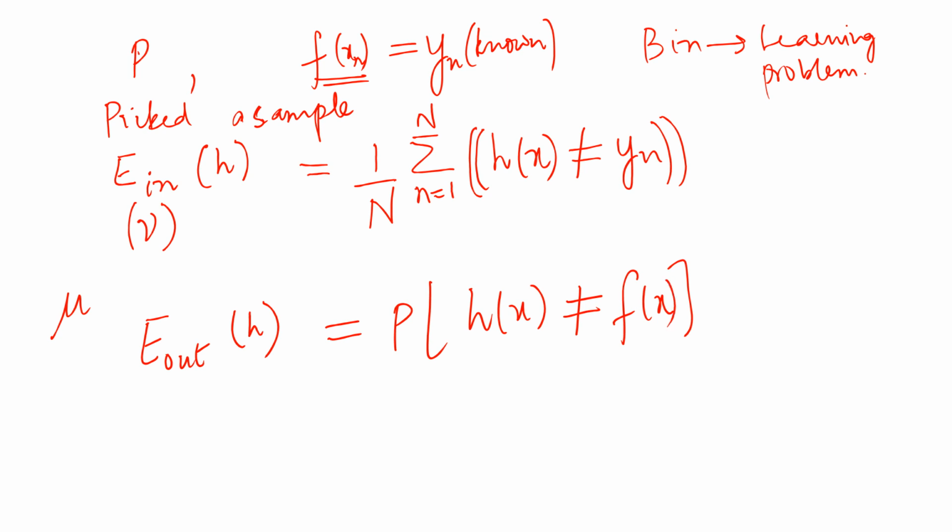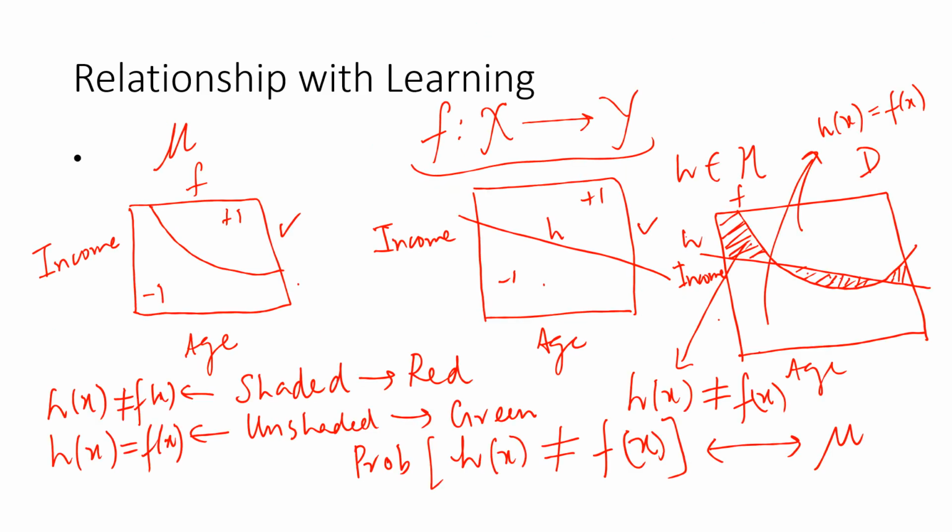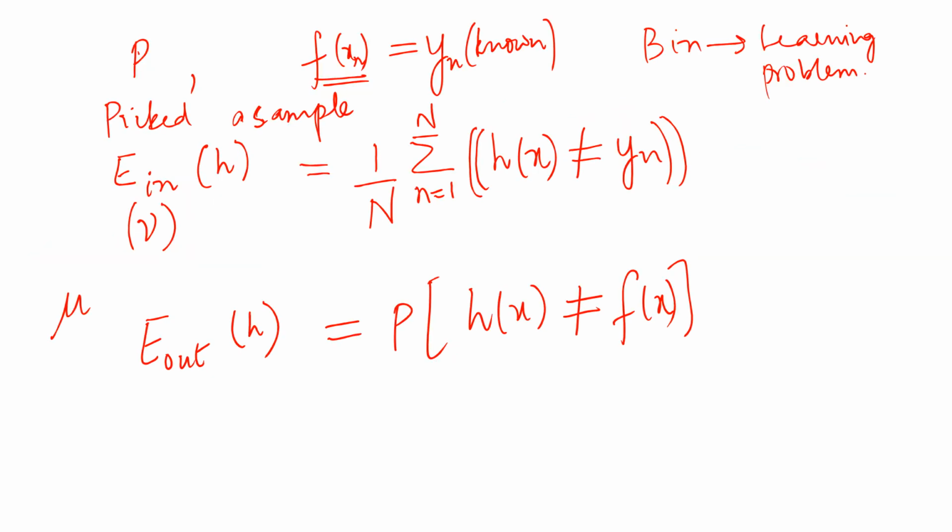If we think about the bin model, it is those places where the shaded part was not agreeing in the bin. But in the sample, obviously we would have picked a smaller subset from the bin, and then computed the probability of h of x not equal to f of x. Let me write it down, this is analogous to mu.